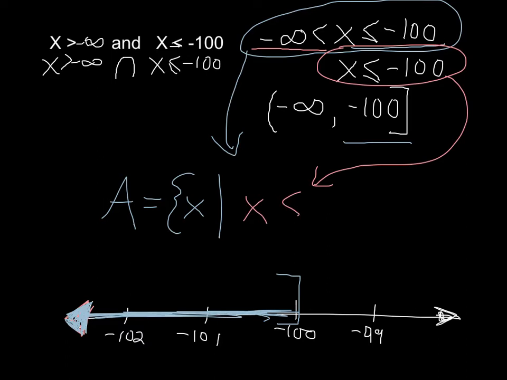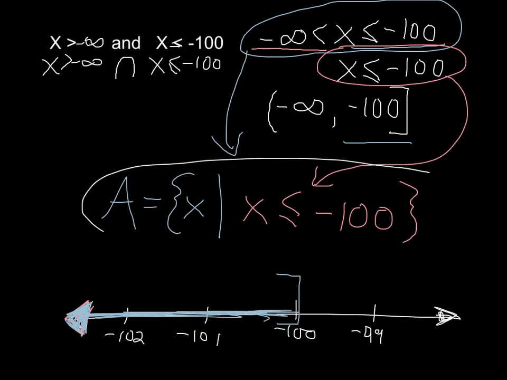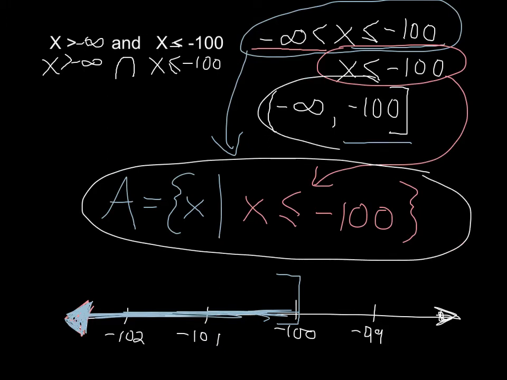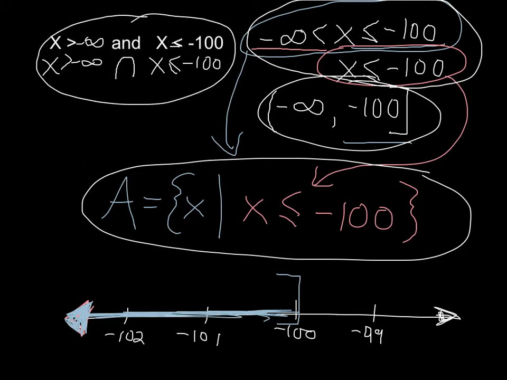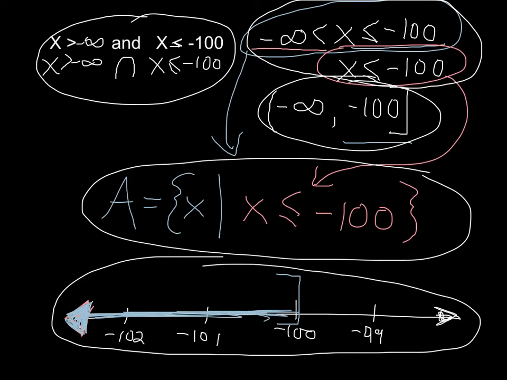Because if x is less than or equal to negative 100, we know it continues on towards negative infinity. So we have set notation, interval notation, compound inequality, union intersection, and the number line.